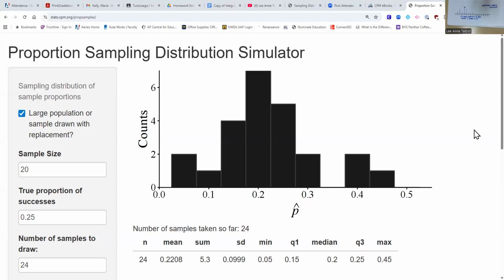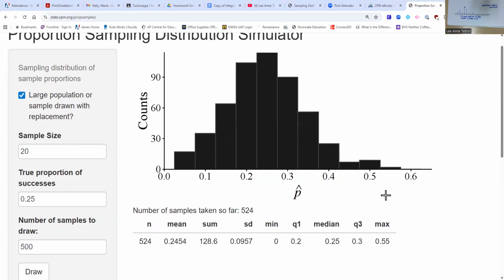So my question is, if you got this graph, would you be feeling like 0.25 is okay? Okay, let me do it again. Instead of 24 samples, let me draw 500 samples.